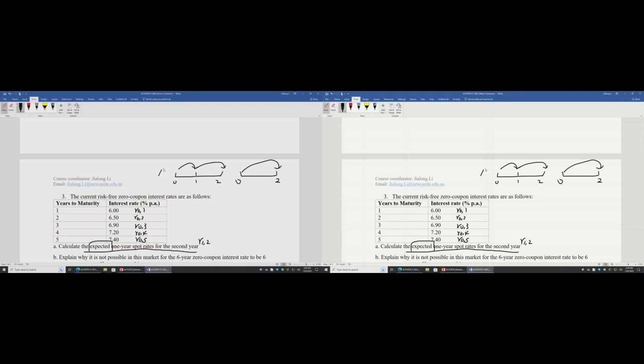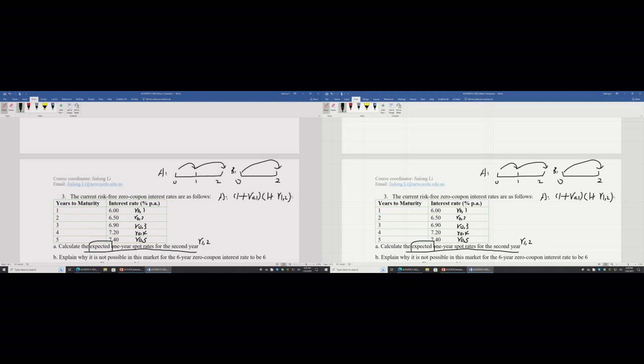So let me just denote it as A, and this is B. So for A here, 1 plus R01, that's what you can get at the end of year 1. You start with $1, and that's how much you will end up with for the first investment. And then you use all the profit for the second investment, and that second investment is in the future, so R12.